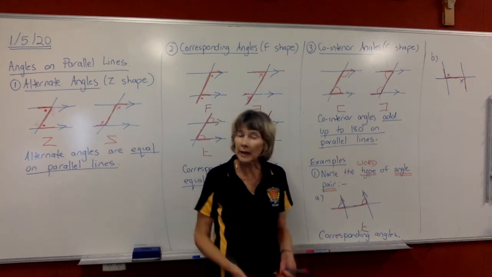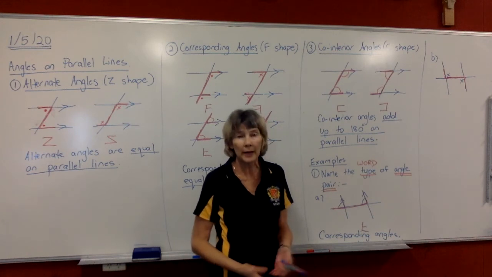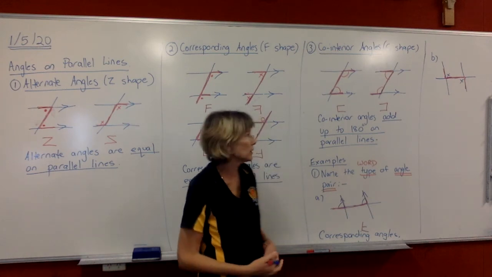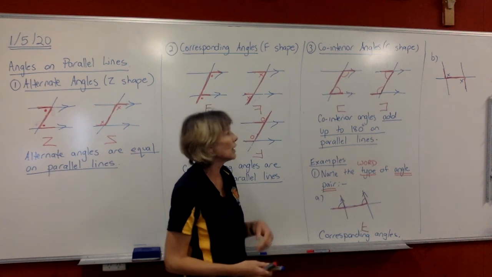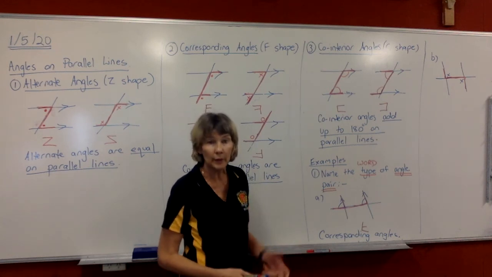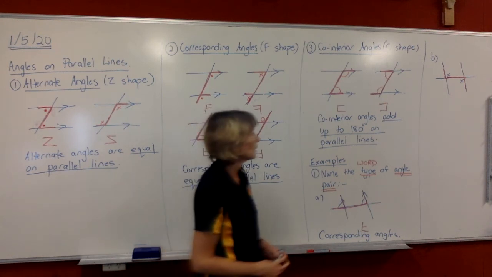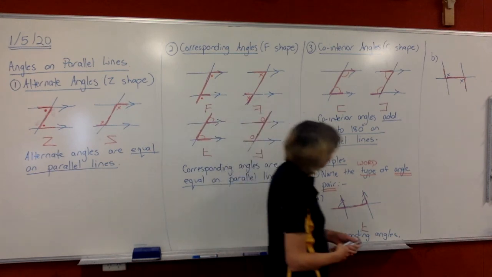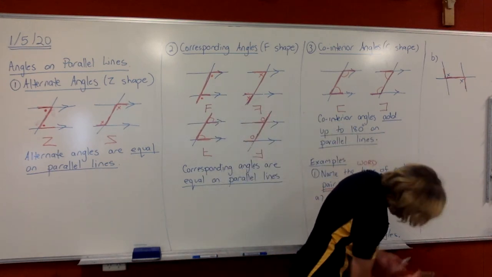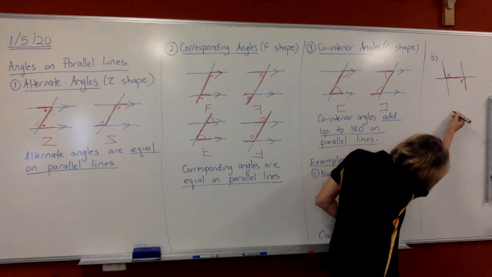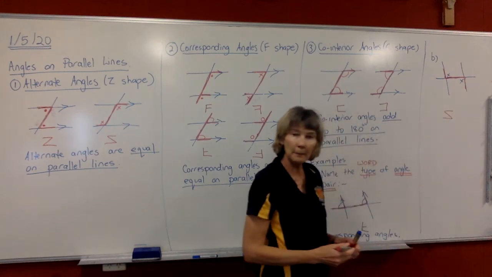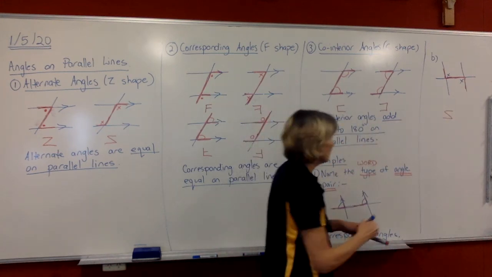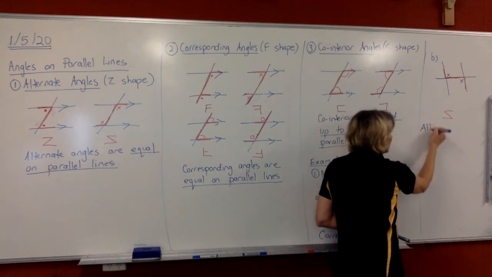It's just whether they're equal or adding up to 180 that happens with the parallel lines. So we're going to look at the two lines that look like they're parallel, even though they're not marked as parallel. Look at those going across the page like this. And I'm going to draw what I'm looking at. It's that shape. That's a Z. So they must be alternate angles.